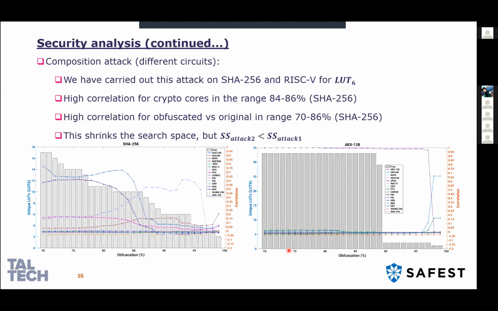Regarding the composition attack, we have carried out this attack on SHA-2 and the RISC-V processor, and we have targeted the LUT6. Concerning the SHA-2, we can see that there is a high correlation between the crypto cores from 84 to 87, 84 to 86% obfuscation.